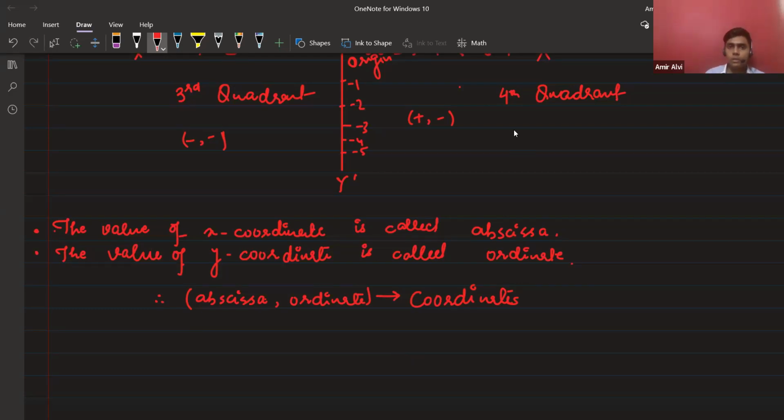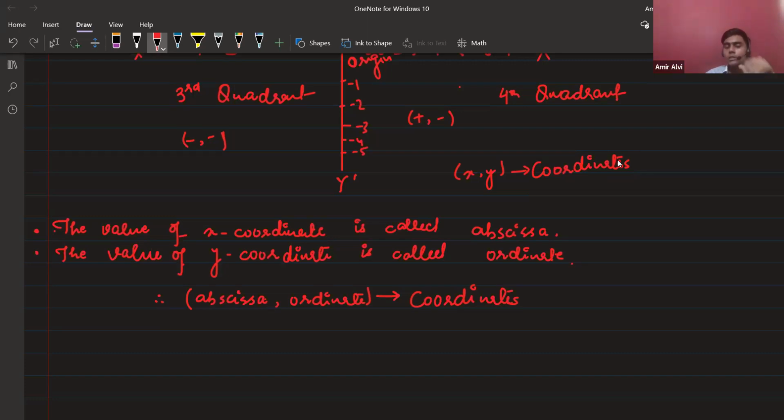Any doubt? Now tell me, this is x and y. This is called coordinates. Very good. If the value of x is called abscissa, because in some questions it will not say x coordinate, it will say the abscissa value is this, which means it is talking about the x coordinate value.